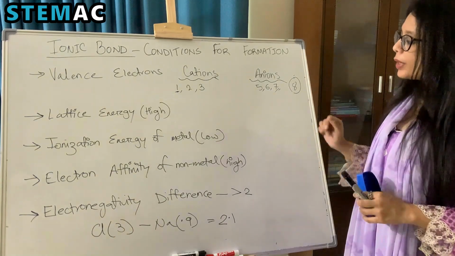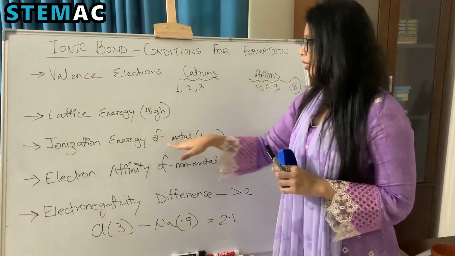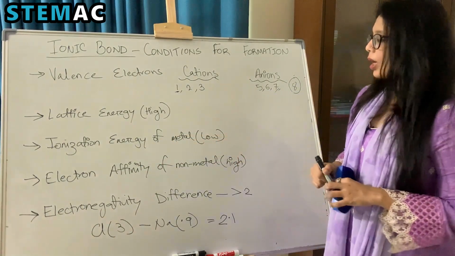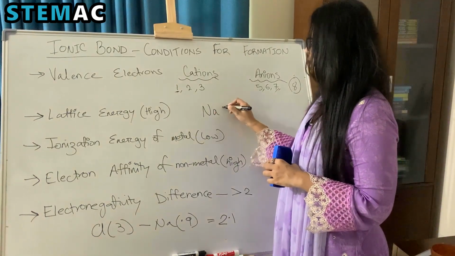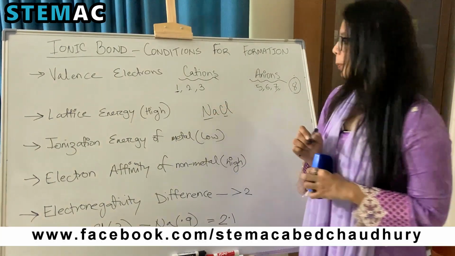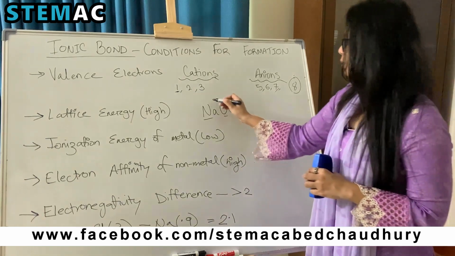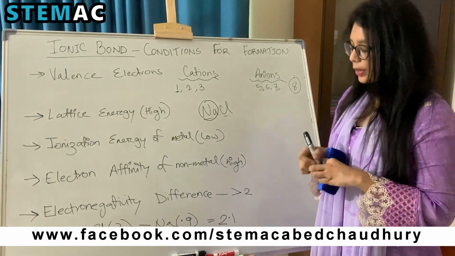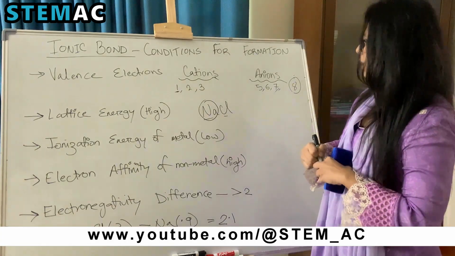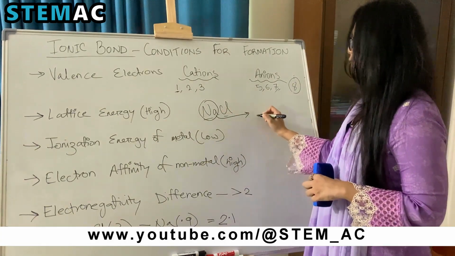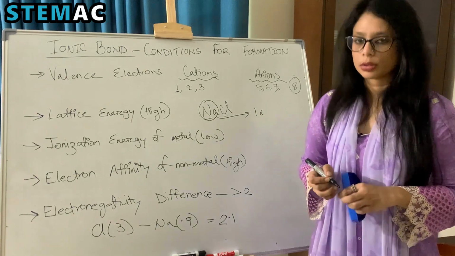Okay, the third point is that the ionization energy of the metals should be low. For the example we used, salt, sodium chloride, the metal here was sodium. Now, a very interesting thing is what ionization energy is. We know that the sodium had to donate 1 electron from its outermost shell.